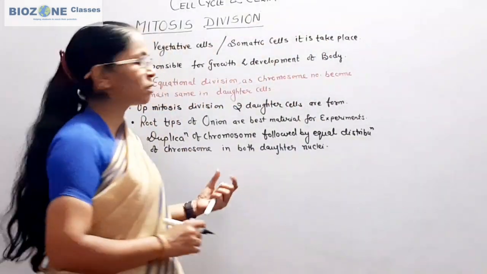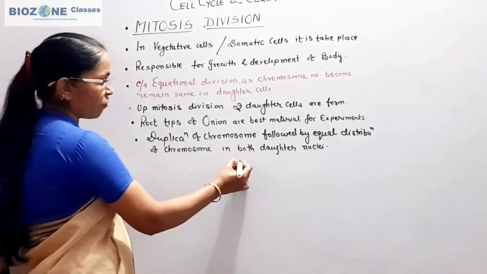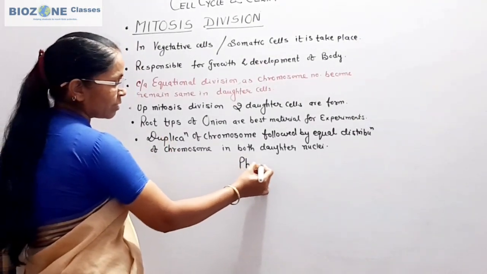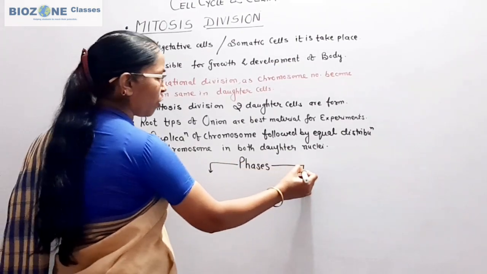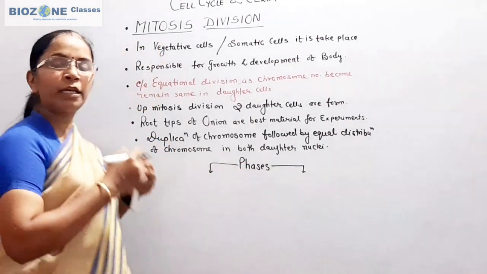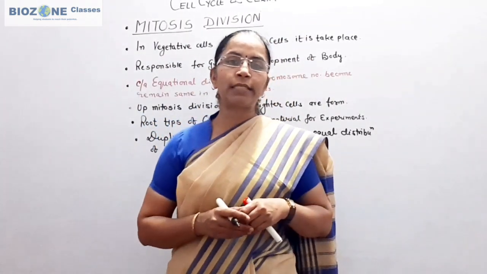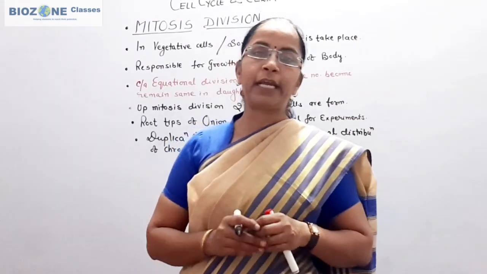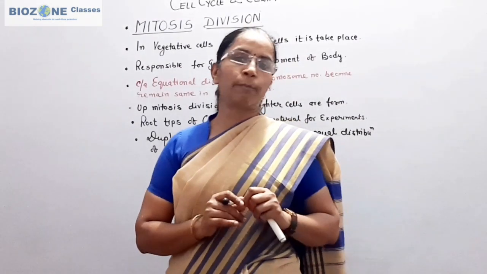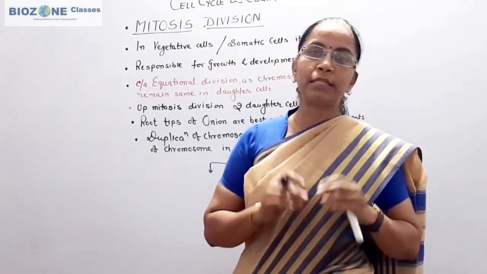Now we come towards the phases of mitosis. When we study the phases, predominantly mitosis division, or every division you remember, is completed in two phases, that is karyokinesis and cytokinesis. That means first the nuclear division is completed, and after that the division of cytoplasm takes place.